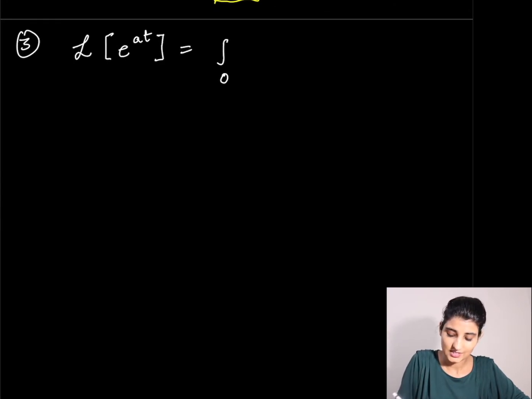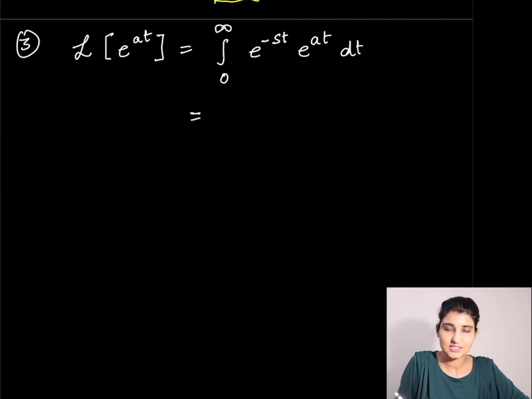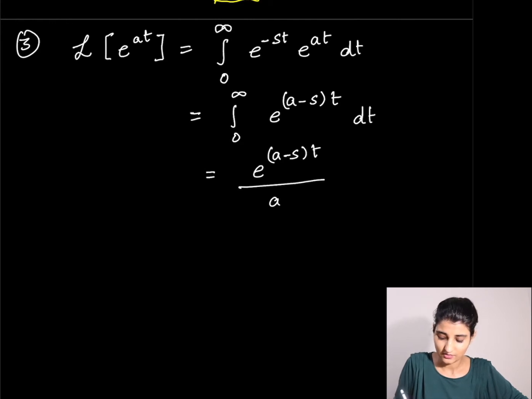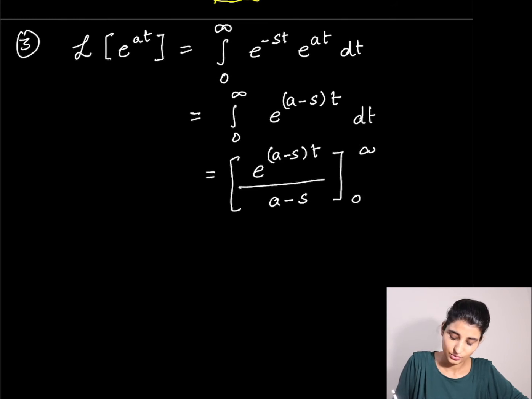By definition, it's the integral from 0 to infinity of e^(-st) e^(at) dt. If the base is the same, we add the exponents. So the integral from 0 to infinity of e^((a-s)t) dt, and this integral we know is e^((a-s)t) divided by (a-s), and the limits are from 0 to infinity.